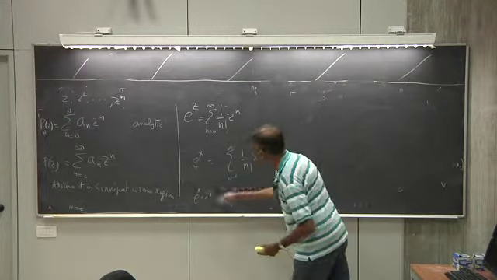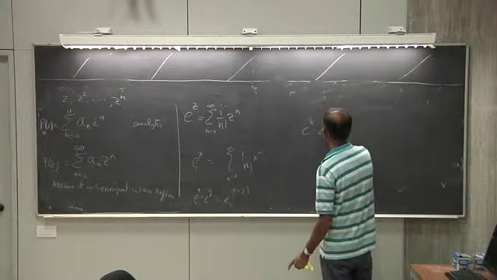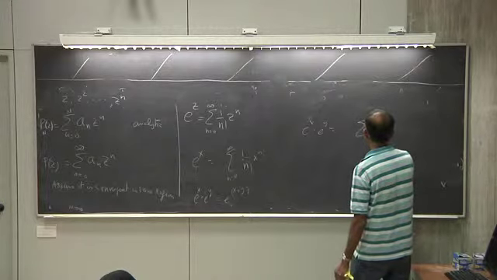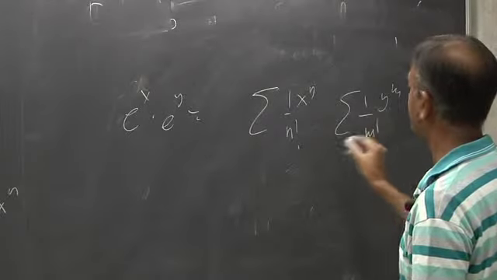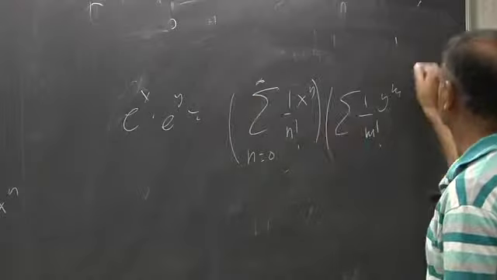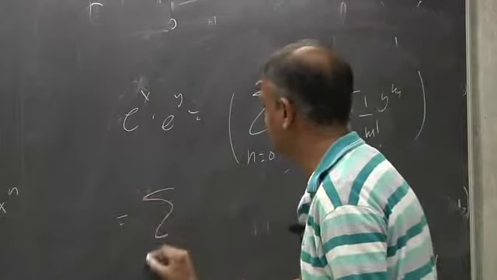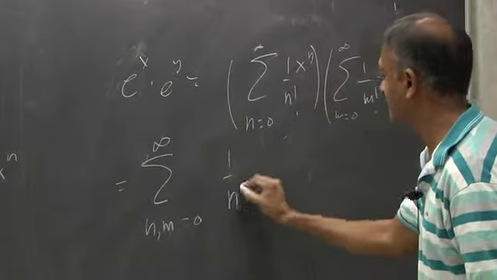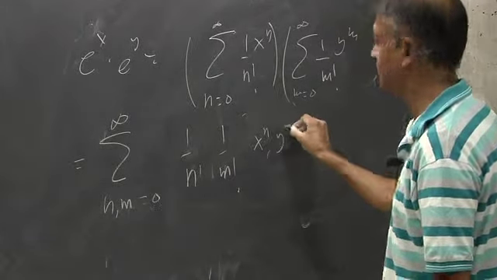If I take e to the x times e to the y, it is clearly the sum over n from 0 to infinity of x to the n over factorial n, times the sum over m from 0 to infinity of y to the m over factorial m, which is the same as the sum over n, m from 0 to infinity of 1 over factorial n, 1 over factorial m, x to the n, y to the m.